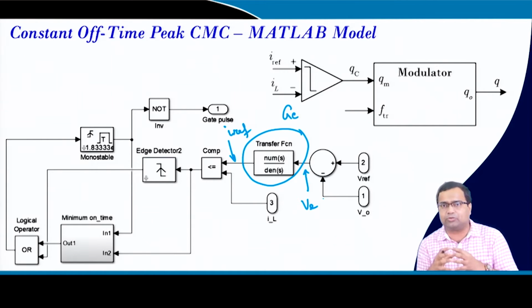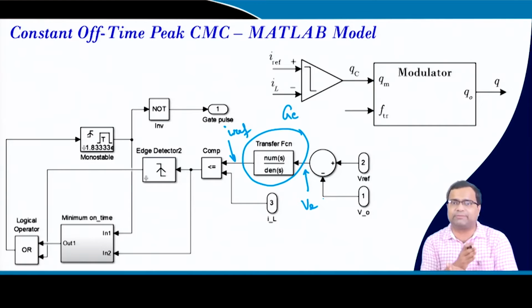In case of valley current mode control, if the duty ratio is lower than 0.5, the current loop is unstable and we need to add either a negative slope ramp or subtract a positive slope ramp, that we have discussed. But in this case we do not need a ramp.